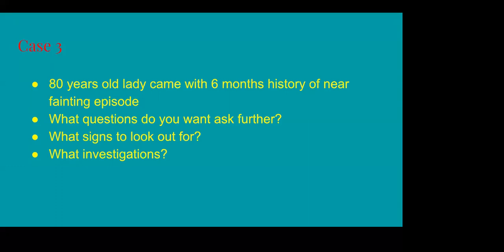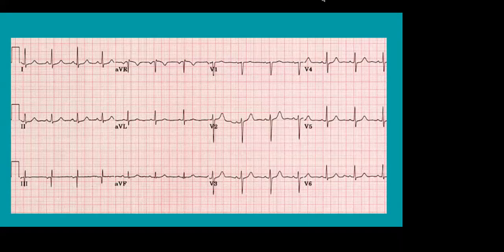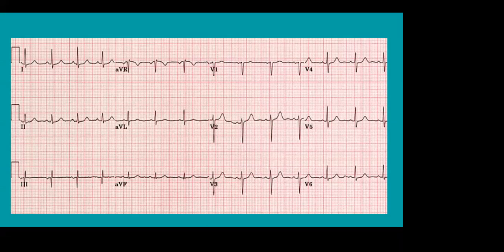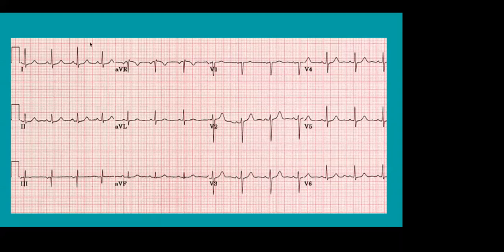When you saw the patient, you asked for an ECG. Very good, Luke said history of episodic bleeding, melanic stool. Yes, always think of that too. So this is the ECG that you actually get when she came to see you.